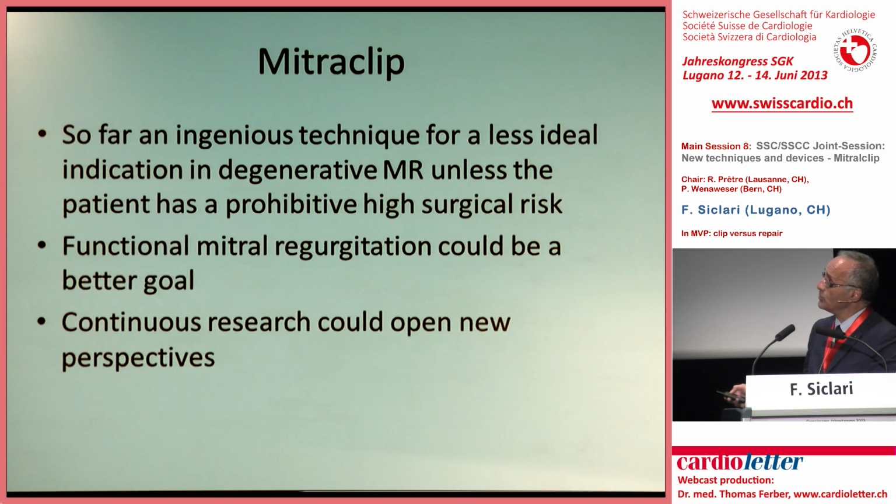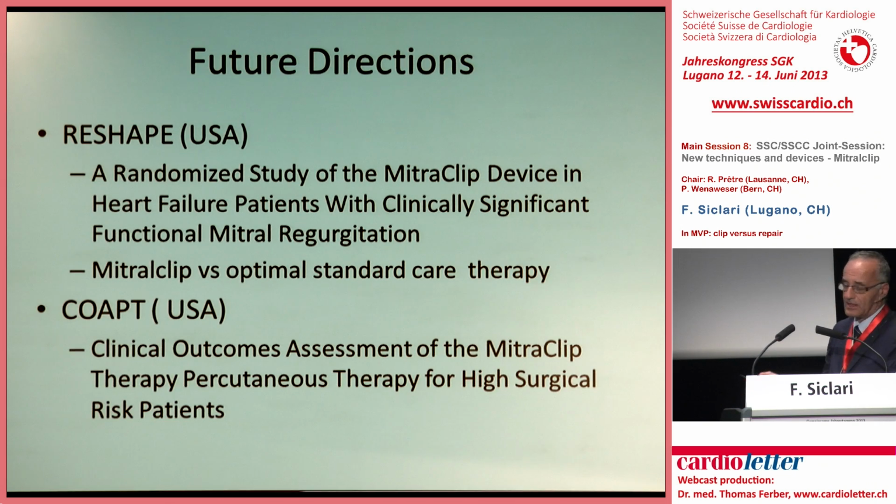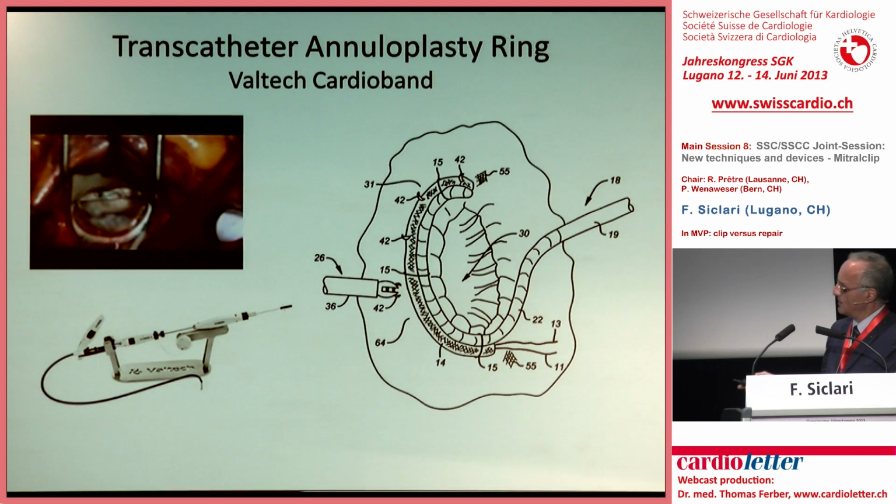Continuous research would open new perspectives, and there are a couple of studies going on now dealing with functional mitral insufficiency, and some experimental work trying to introduce the possibility of inserting a mitral annuloplasty through the catheter, and everybody knows about the Valtech Cardioband technique.